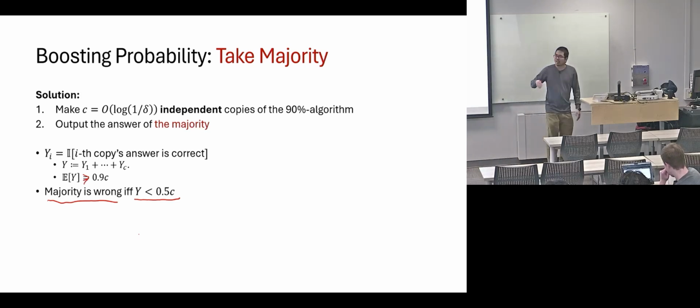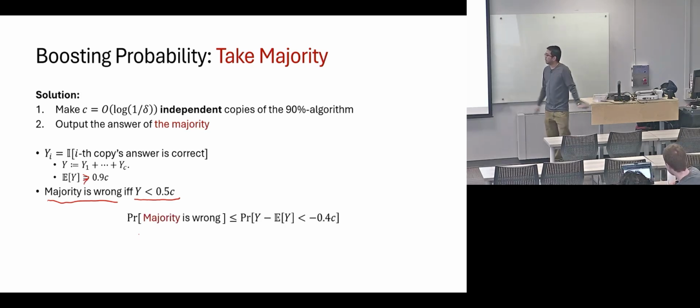I expect y to be like 0.9 c, and I'm wrong if y is less than 0.5 c. So it deviates from my expectation by some constant factor. If the majority is wrong, then y is less than the expectation by 0.4 c.